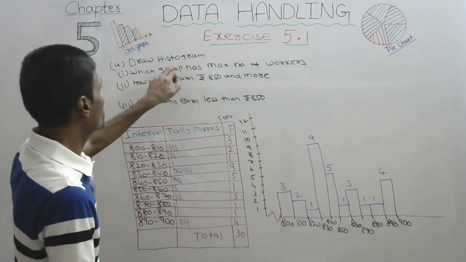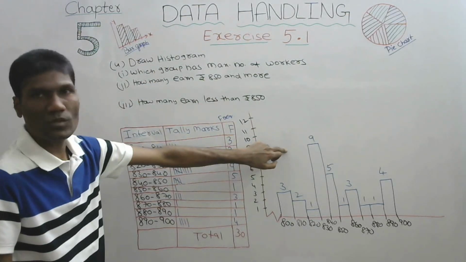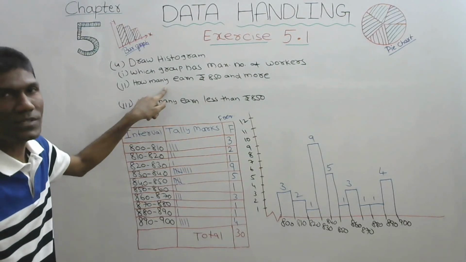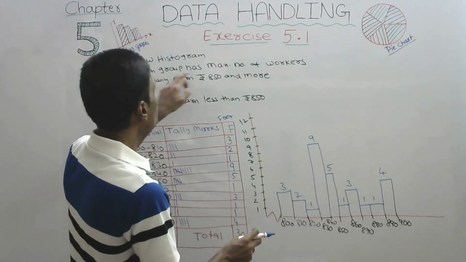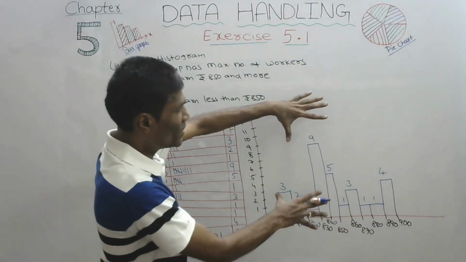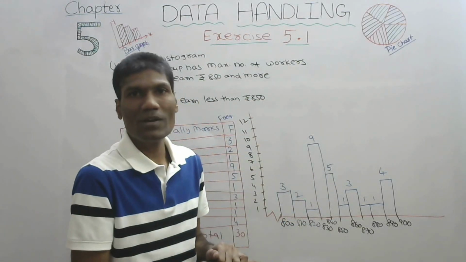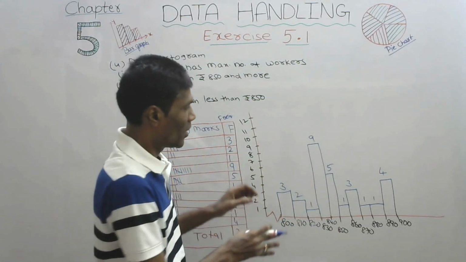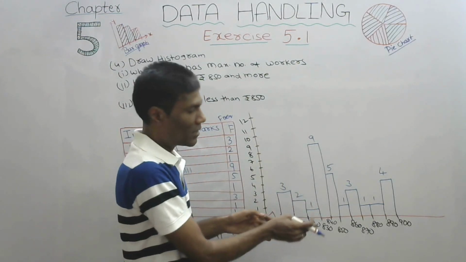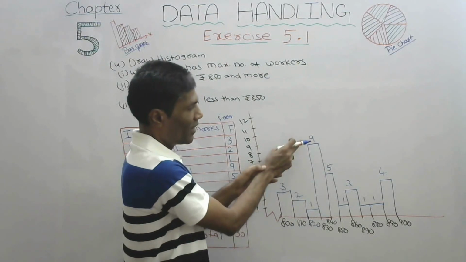In the fourth question, he is asking to draw a histogram. This is a histogram. And then he is asking 3 questions. Which group has the maximum number of workers? Just by seeing this histogram, we can find. How? Which is having more height or the largest here? 9.